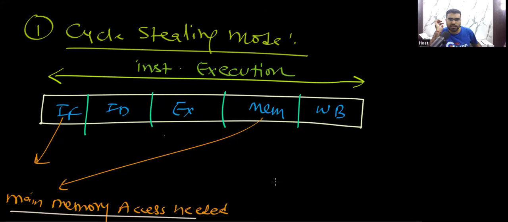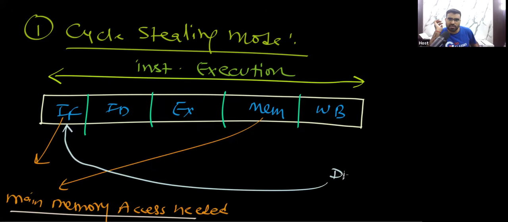Or maybe the DMA request has come at this point, when you are fetching the instruction. Bus request has come. Now tell me what will happen.